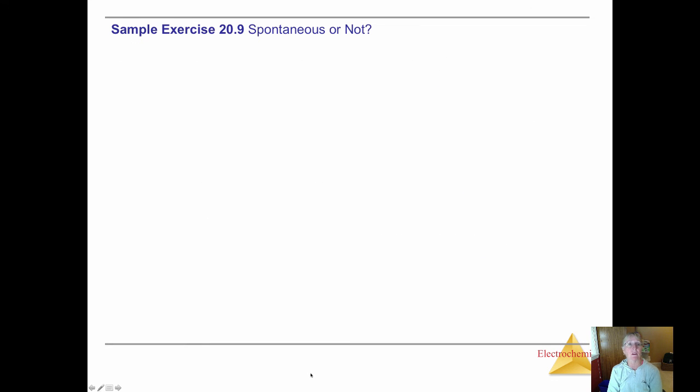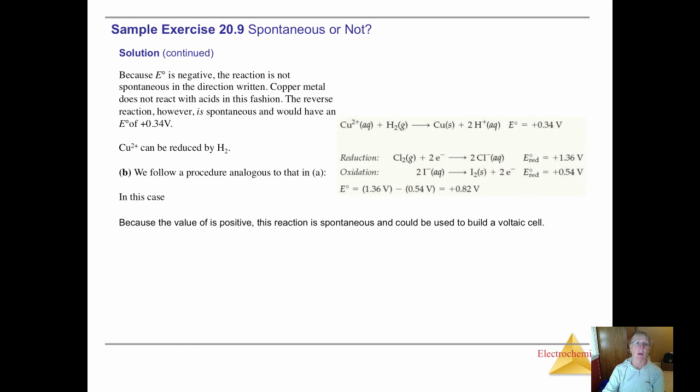So the next slide finishes up that first question. Could that reaction have been spontaneous? Of course not. If you have a negative cell potential, then the direction in which it's written on the piece of paper tells you that it's not spontaneous. This is just showing that if you had flipped the whole thing around, you would have gotten a spontaneous reaction because the voltage would have been positive. But this is not what was written on the previous page.